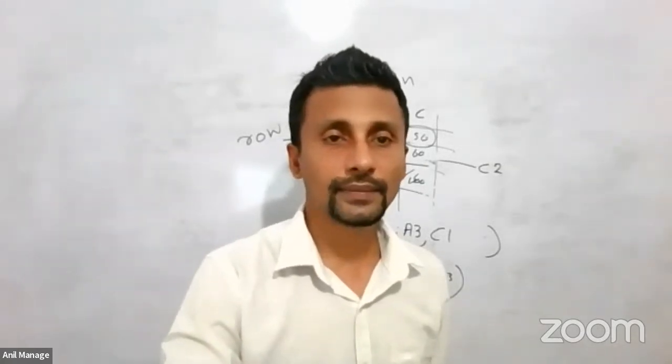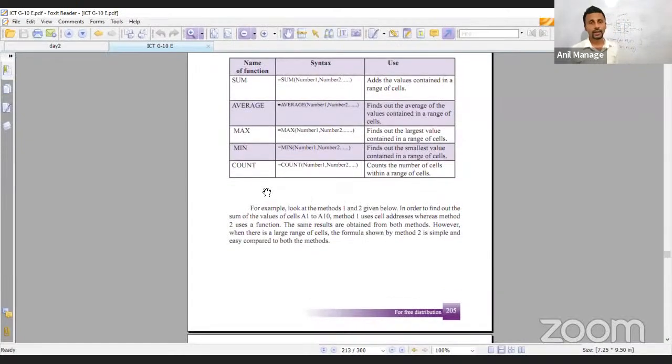Then again, when you take count, okay, I will tell that also. When you take count, it will be counting only numbers. Count only numbers. So if you have letters, text and all that, it won't count. So there's a function called count.